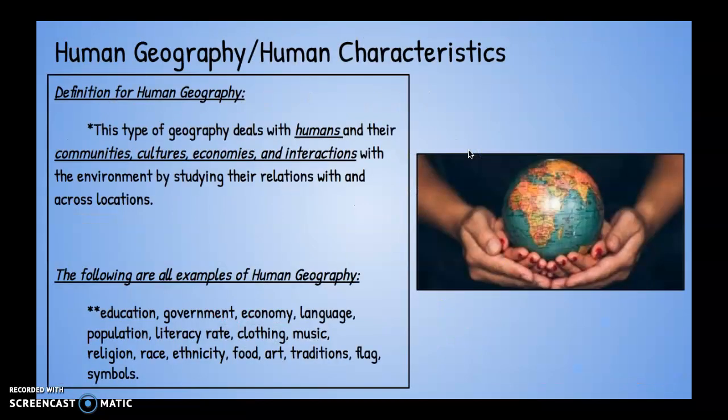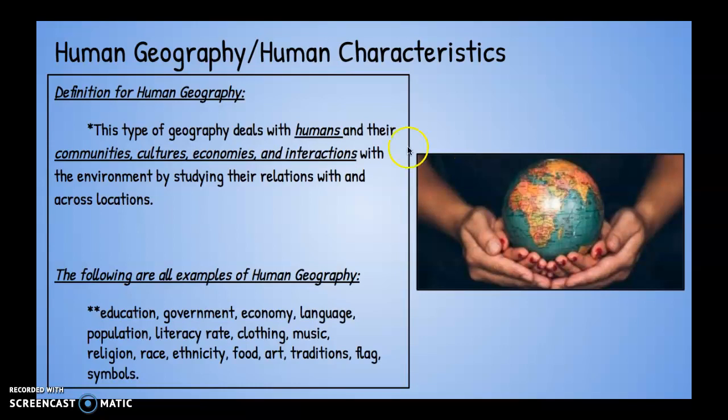I want to talk to you a little bit about human geography and human characteristics, the difference between human geography and physical geography. The definition for human geography is that this type of geography deals with humans and their communities, cultures, economies, and interactions with the environment by studying their relations with and across locations.